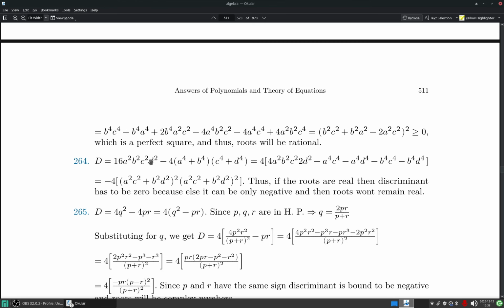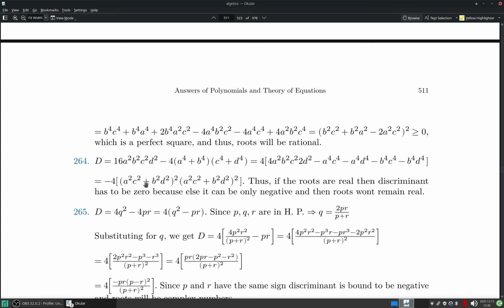So again we compute the discriminant, and we see that the discriminant is minus 4 into (a square c square plus b square d square) whole square. Now if you see this, it is a perfect square, so it will be either negative or 0.